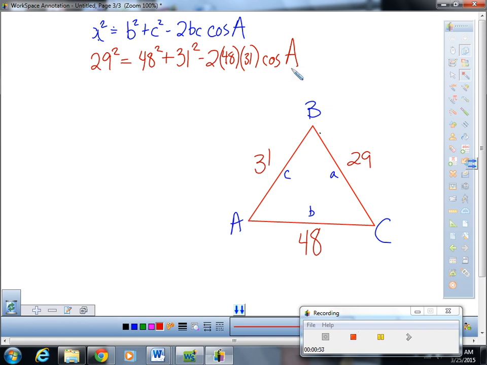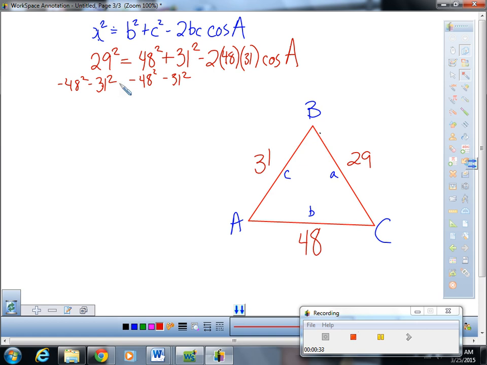So, what I will do is subtract 48 squared and subtract 31 squared from both sides. So what I'm about ready to type into my calculator is 29 squared minus 48 squared minus 31 squared.